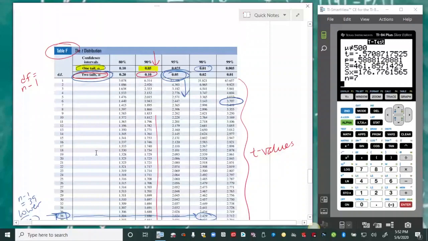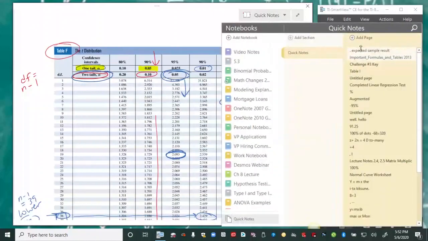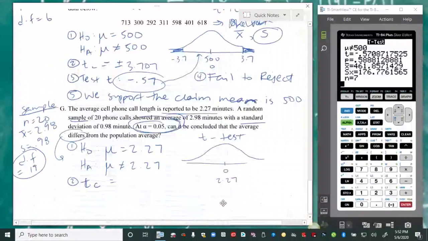Oh good, it's on here. So 2.093. So 2.093, 0.05 2-tails, great. This is going to be plus or minus because I've got 2 tails. So plus or minus 2.093. So I've got to be just a little more than 2 standard deviations away.